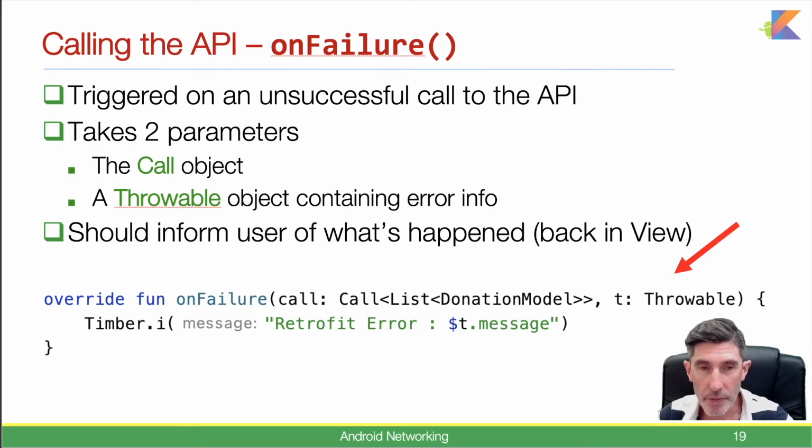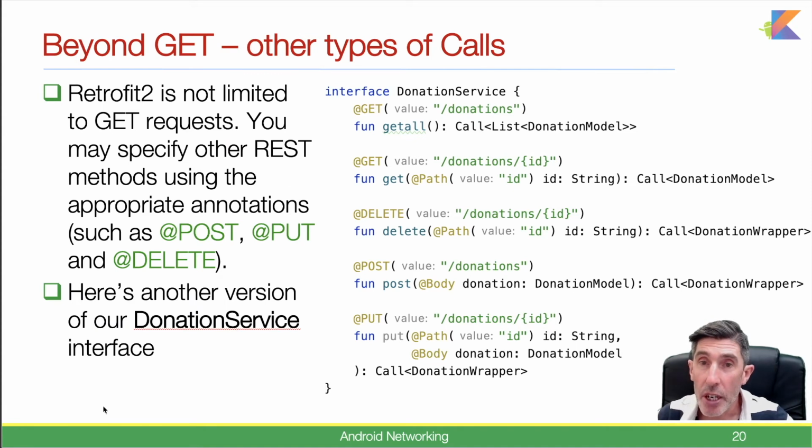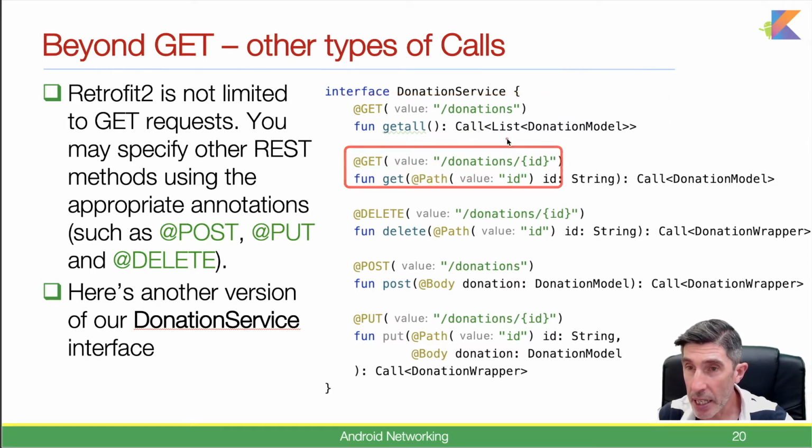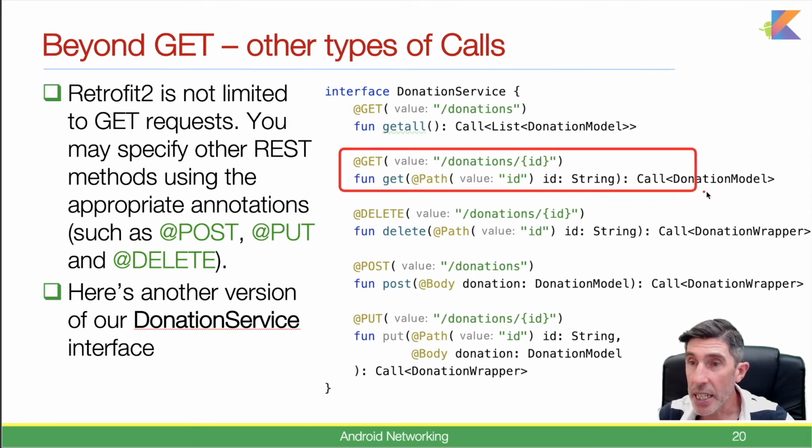Now, as I mentioned earlier, you're not limited to just GET requests. So in our example here, this is our refactored interface. As well as our get for all donations, we now have a get passing in an ID as a parameter, which will get an individual donation.